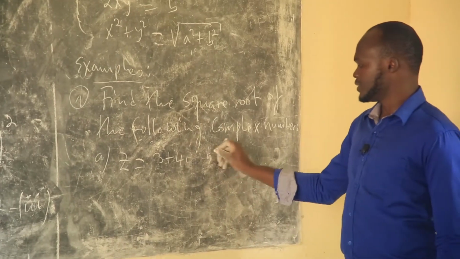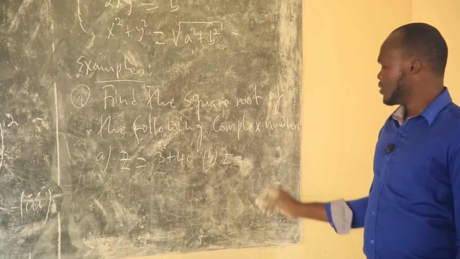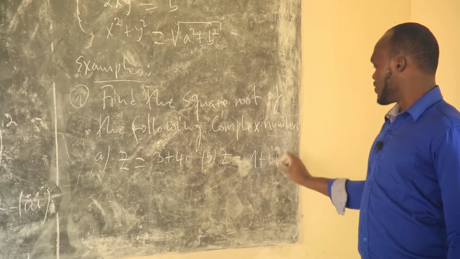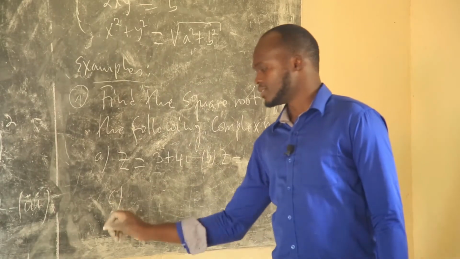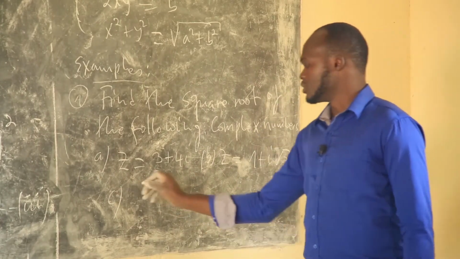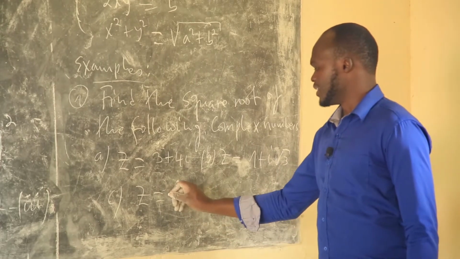We have b, z equal to 1 plus i root 3. We have c, z equal to -2.